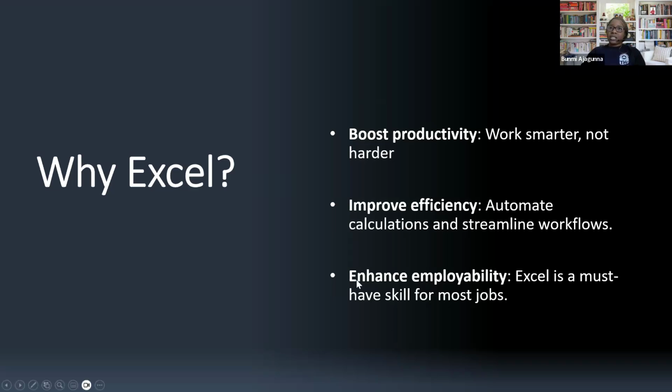Next, it improves efficiency. It helps you do things faster for sure and even more accurately. Because when you automate things, when you use calculations and you streamline workflows, just before this class, I was in another Excel class with someone who just landed a job, and we're looking at how to automate a few things. Her question was, "So does it mean if I update this table, then the chart will automatically update?"